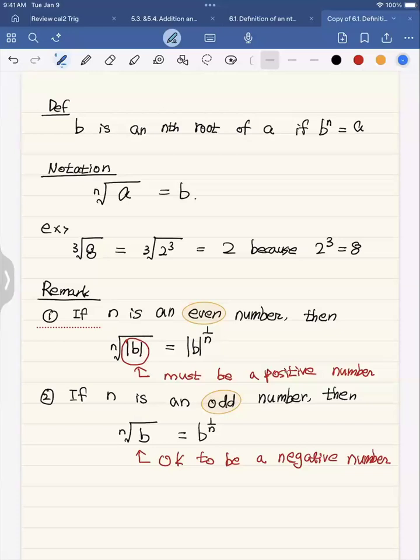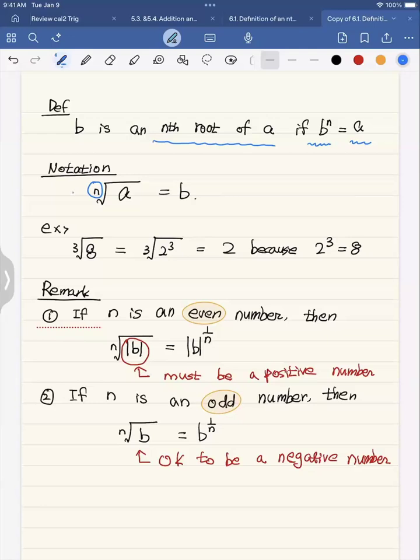We can extend the square root definition to the nth root of a. When we say b is the nth root of a, that means when we raise b to the nth power, we will get a. And we decorate with this small n notation on the radical sign.